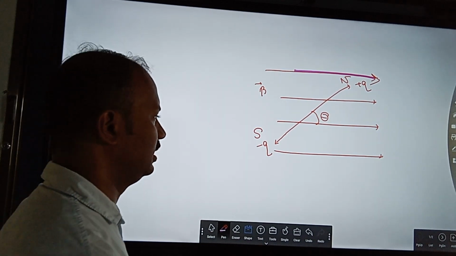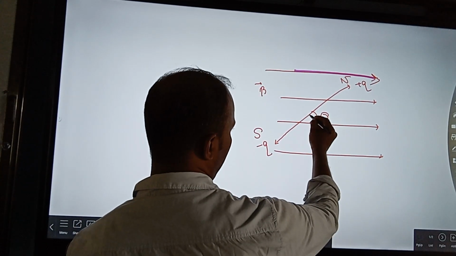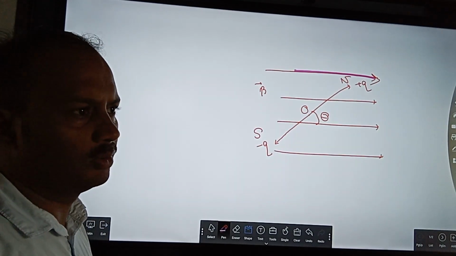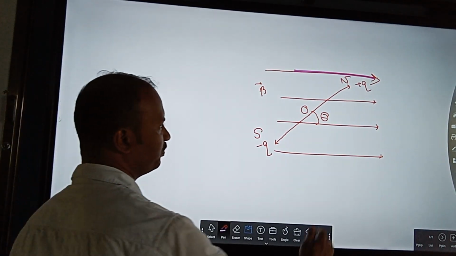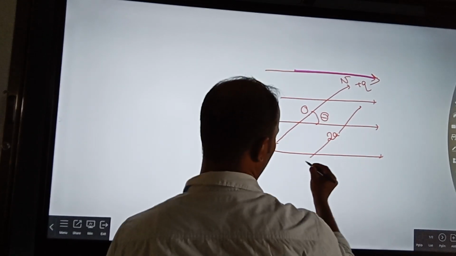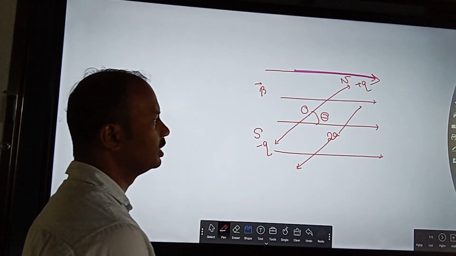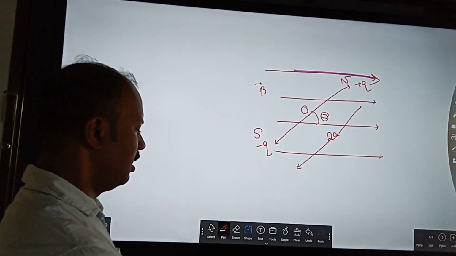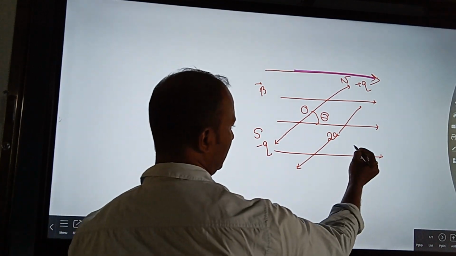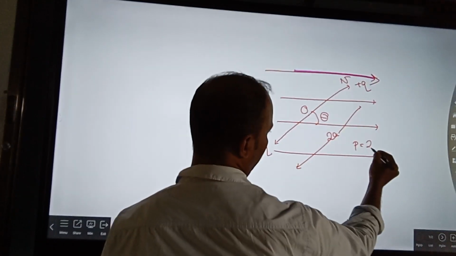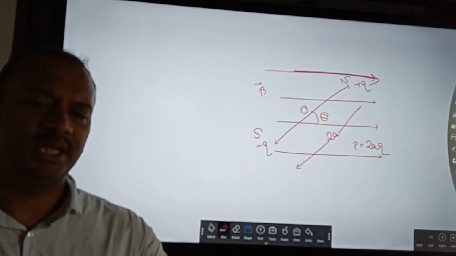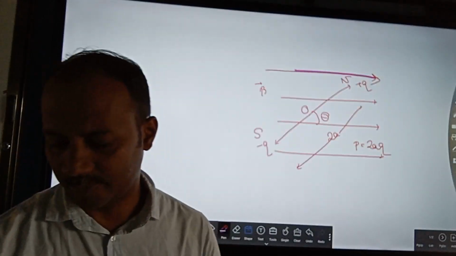Look at this: O is the center point, and the total length of this dipole is 2a. Therefore, the dipole moment is 2aQ, which is called the dipole moment.